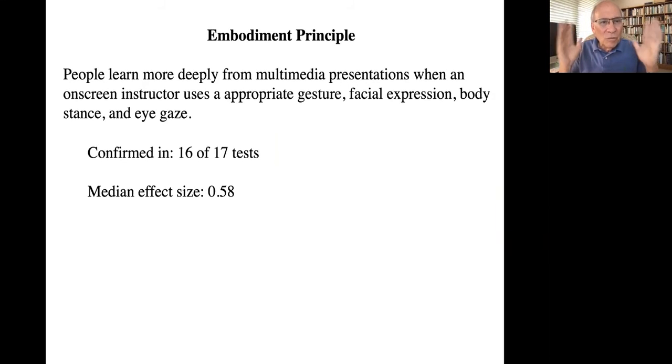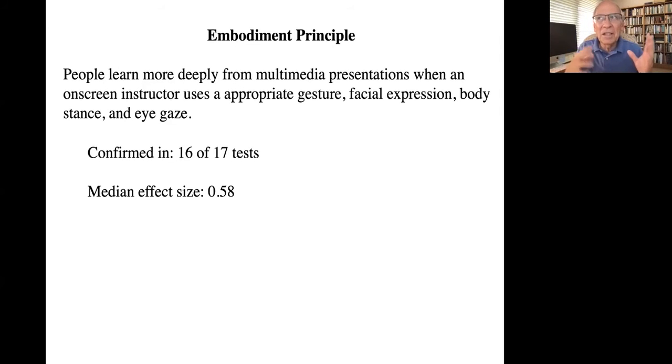So I would summarize this principle like this. People learn more deeply from multimedia presentations when the on-screen instructor uses appropriate gesture, facial expression, body stance, and eye gaze. In 16 out of 17 studies, we get that effect with a median effect size of 0.58.